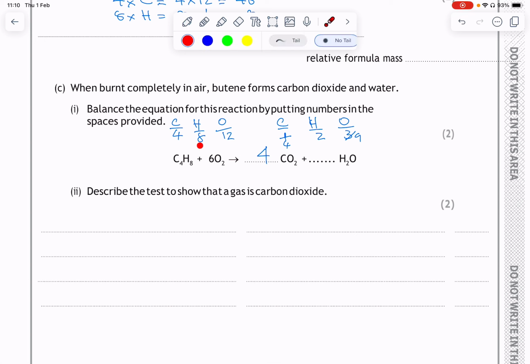I've got to get 8 hydrogens. I've only got 2 here, so let's put a 4 in front of here. So that does give me 8 of those. Now we can add up the oxygens again. So I've got 4 times 2 is 8, and then this side I've got 4 times there, so that's another 4, that's 12, which is a balanced equation.